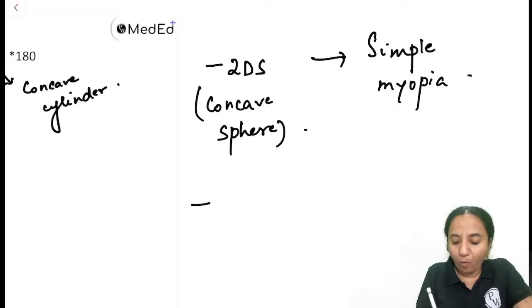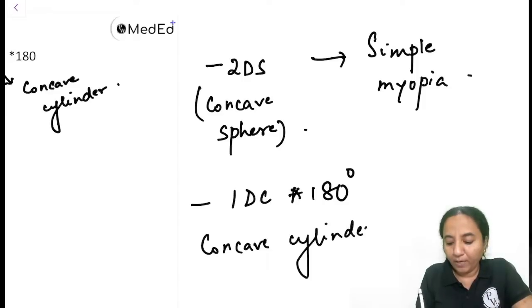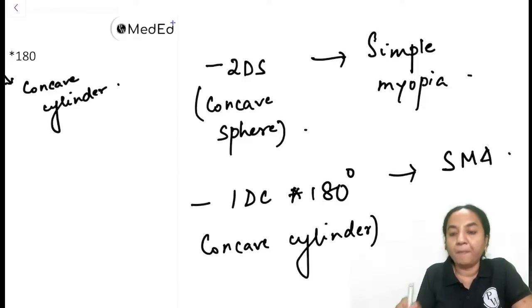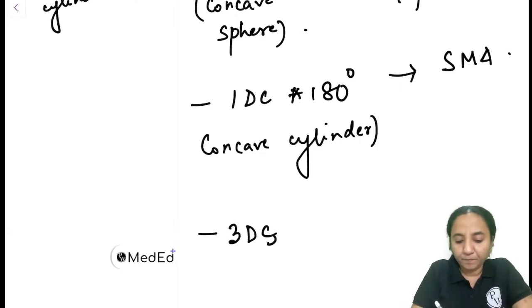If you have only a concave cylinder, meaning a prescription with only a concave cylinder, this is SMA, simple myopic astigmatism.